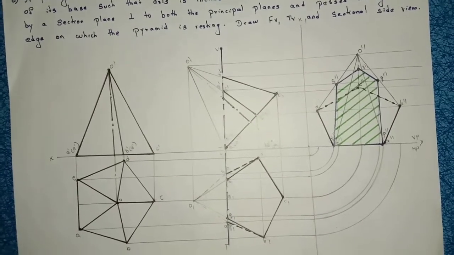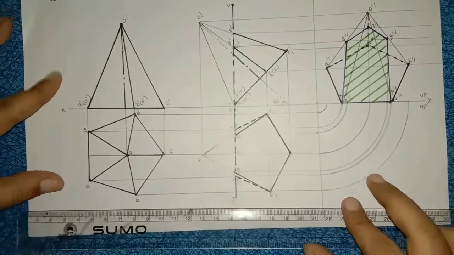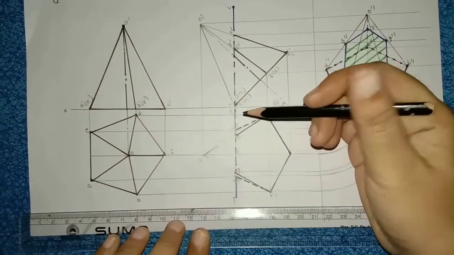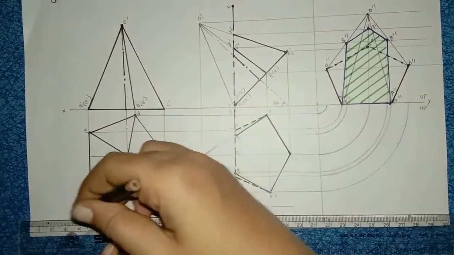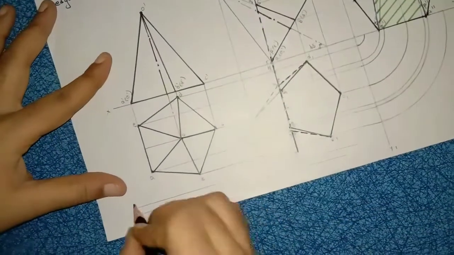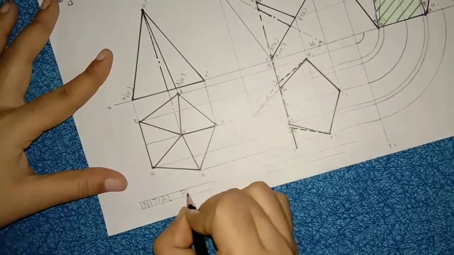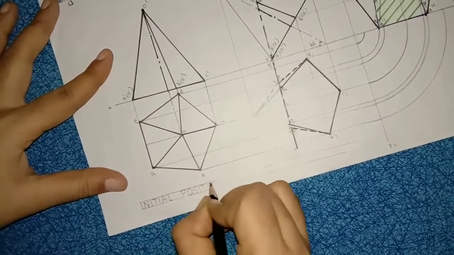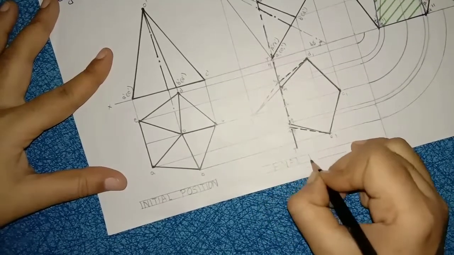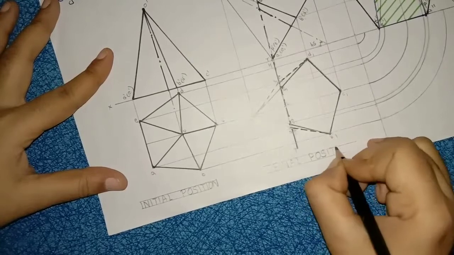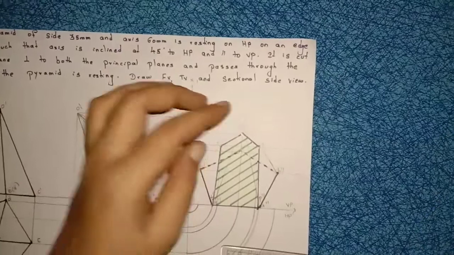After completion of your problem, take height 5 mm and write down here. This is your initial position and this is your final position. Right, and this is your sectional side view.